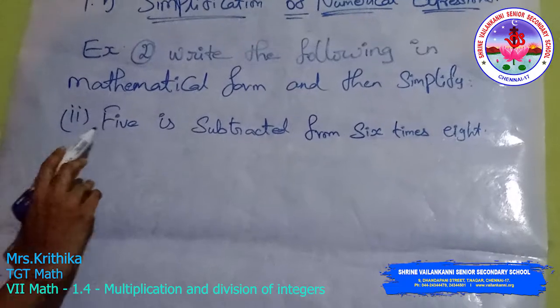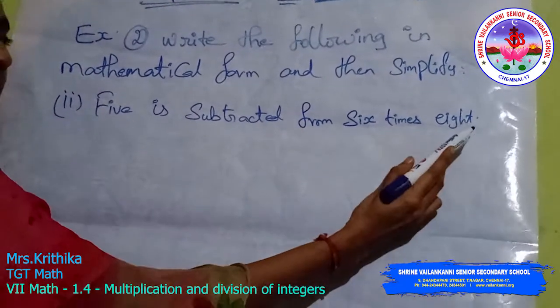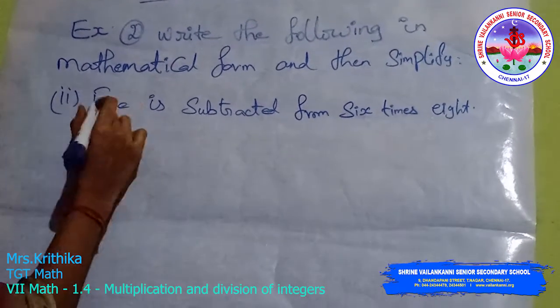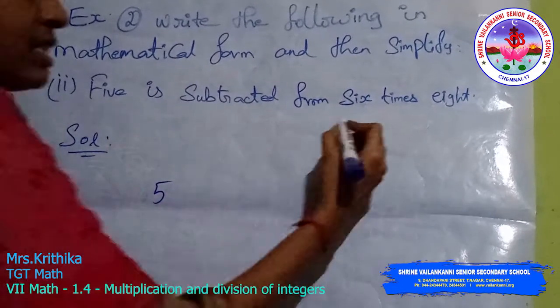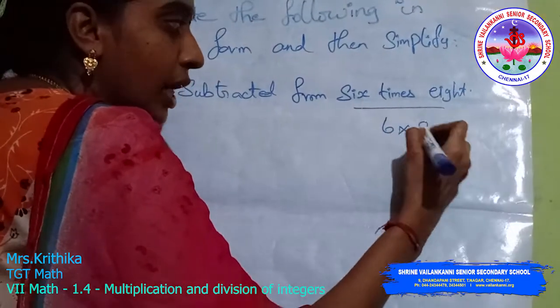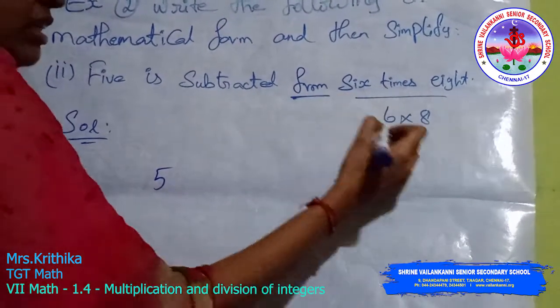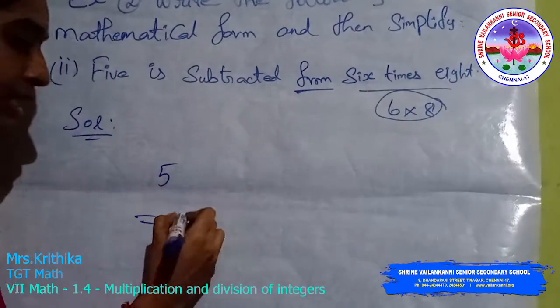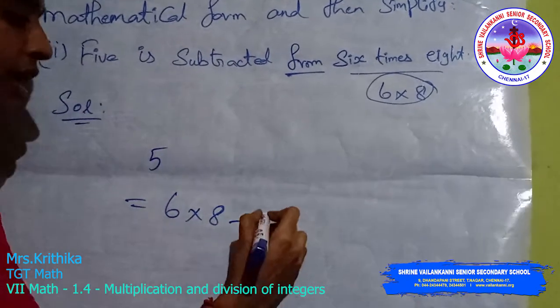Next, second question. 5 is subtracted from 6 times 8. Solution. This value is 5. 6 times 8 means 6 into 8. Here, 'from' means this one comes first, then this. 6 into 8 subtracted 5.